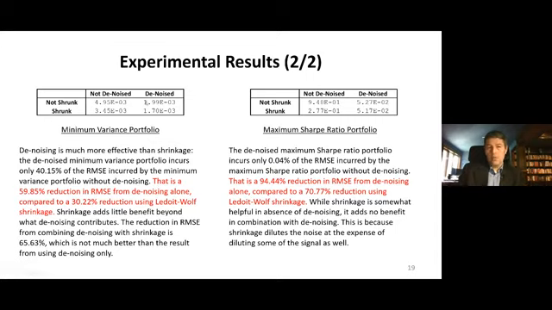Now, when we denoise the correlation matrix without shrinkage, just denoising, no shrinkage, there is a substantial reduction in the root mean square error. The reduction is around 60%. Think about it.